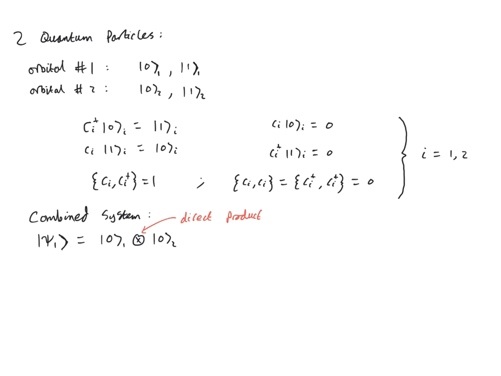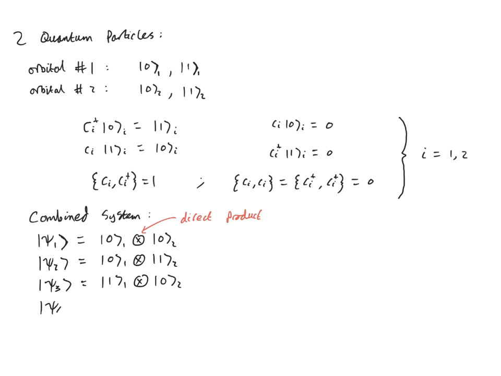Okay, what other kind of states of the system can we get? Well, we can just enumerate them all. So, for example, let's imagine a state psi 2, which is an empty state of orbital 1, but a full state in orbital 2. And likewise, we can just fully enumerate all of the possibilities.